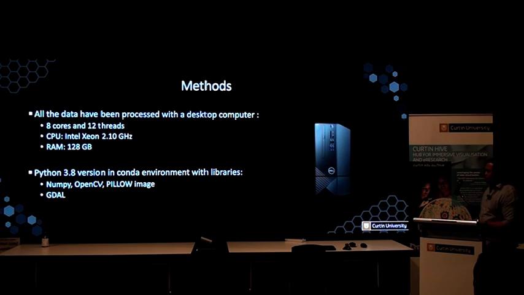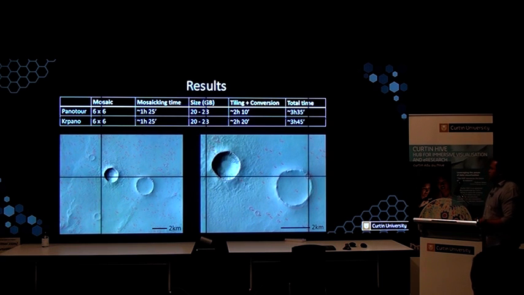For the scripting, we used Python 3.8 with a Conda environment, with other libraries such as NumPy, OpenCV, and Pillow Image, apart from GDAL. Now, let's move on to the results.